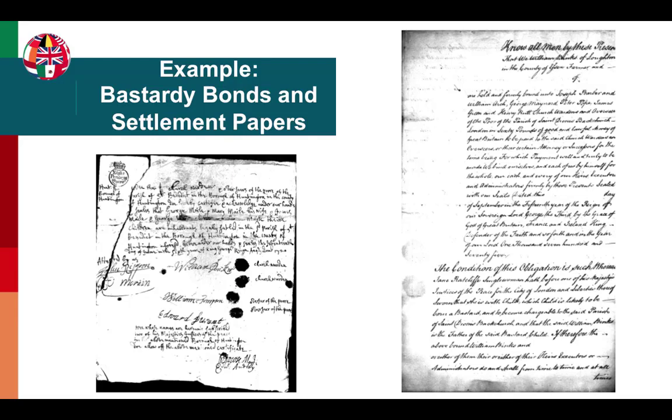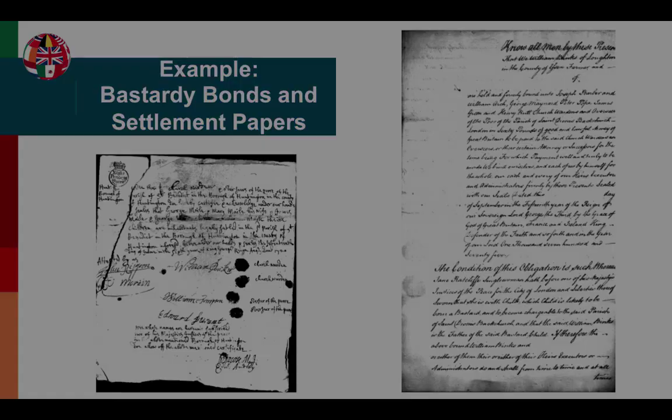So we have 2 things that have stemmed out of the requirement for parishes to take care of their own poor, and ways to make sure the parish didn't have too much of the burden paying for people who were just passing through. So most records have a story behind them, and they were created for a reason, and so learning that reason can help you understand the information given in the records better.